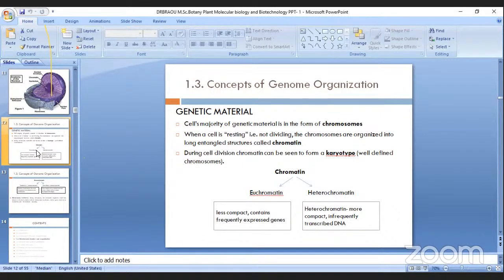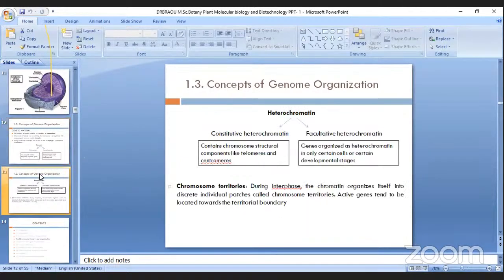What is euchromatin? It is the less compact chromatin, and it contains frequently expressed genes. Whereas heterochromatin is more compact when compared to euchromatin, and it generally has infrequently expressed and transcribed genes. Heterochromatin is of two types, constitutive heterochromatin and facultative heterochromatin.